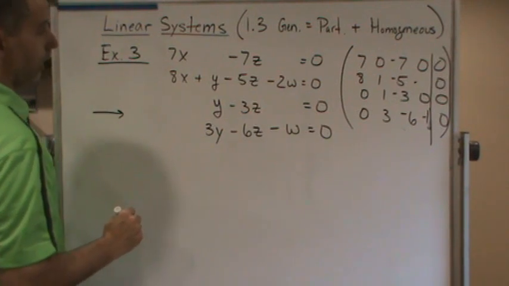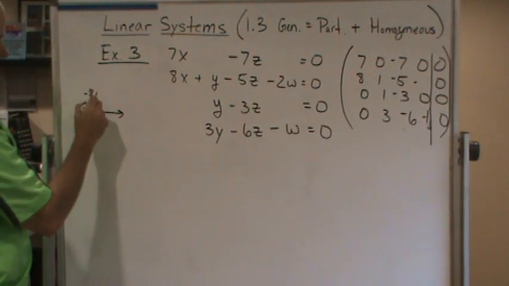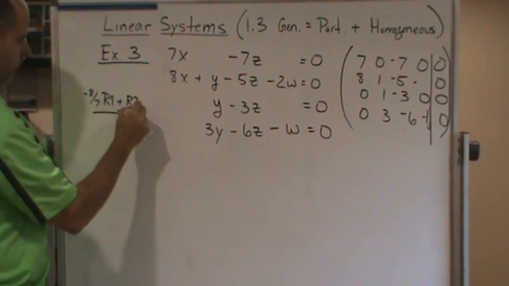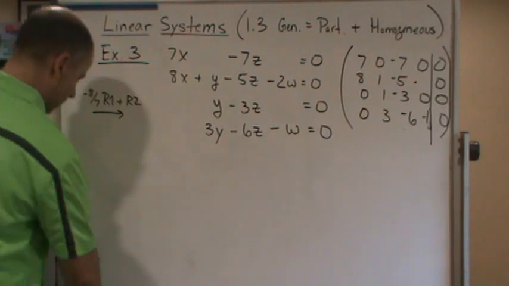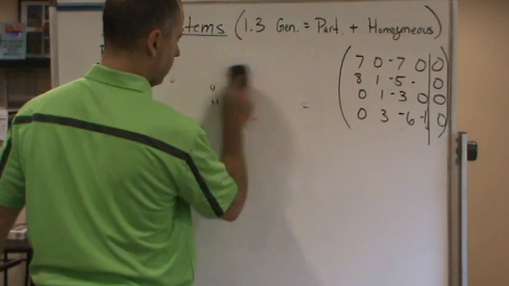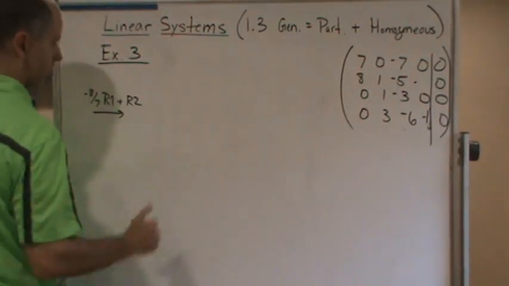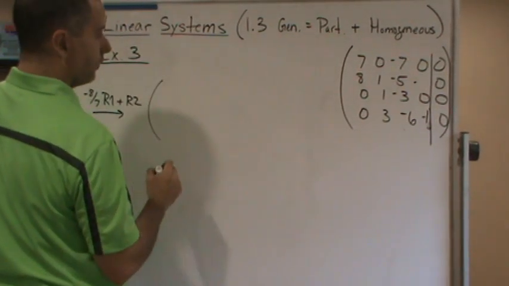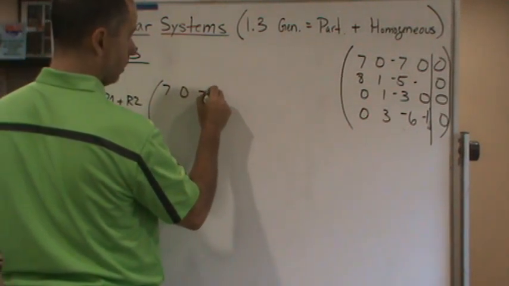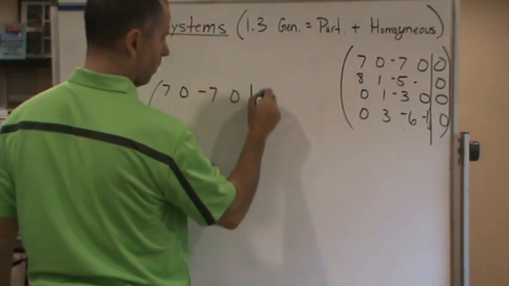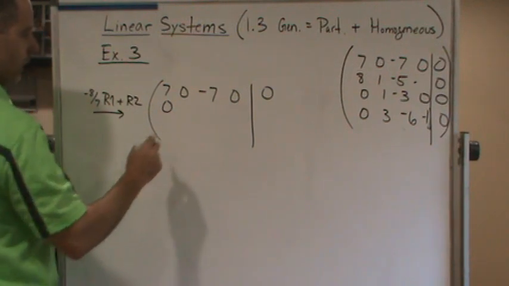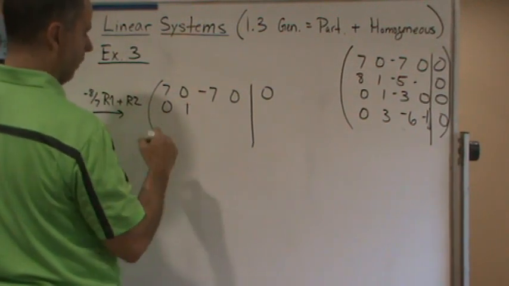We'll do negative 8/7 times row 1 plus row 2. Okay? And so I'm going to erase this. The top row will be unchanged. And so this will be 0, and this will be 1, right?